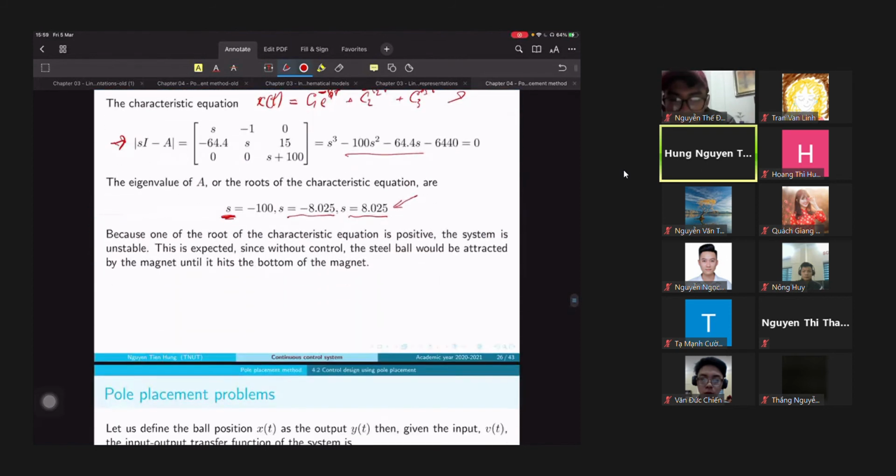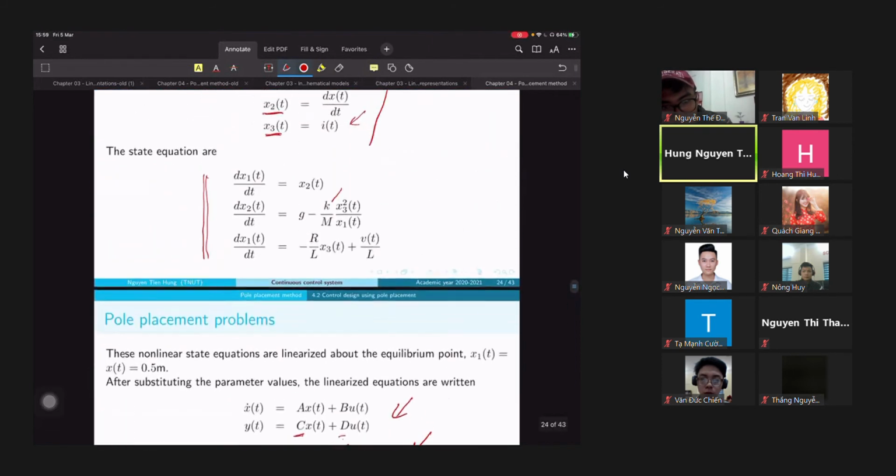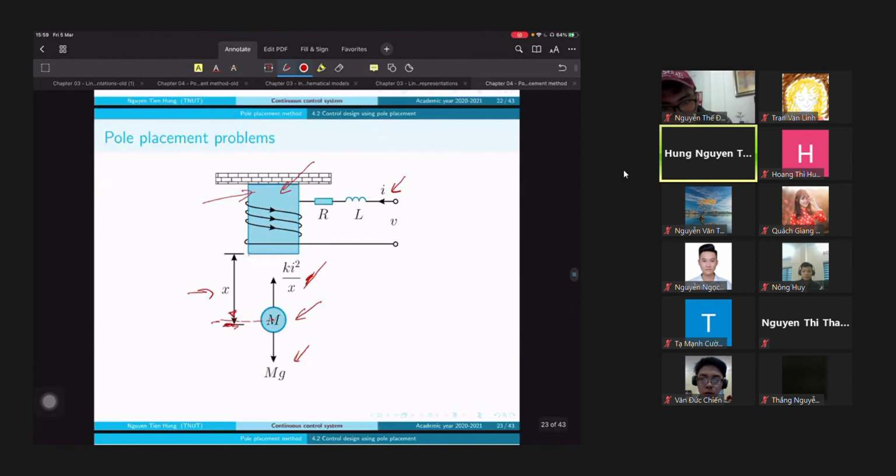This is covered in this text paragraph: without control, the steel ball would be attracted back. So two cases. Without control, if you put too much current i here, then the ball will be attracted by the magnet.